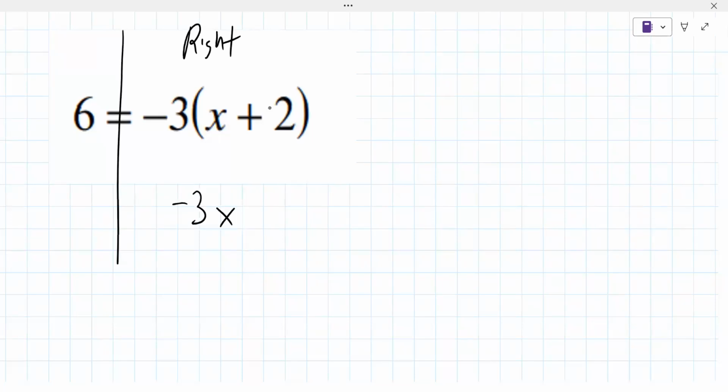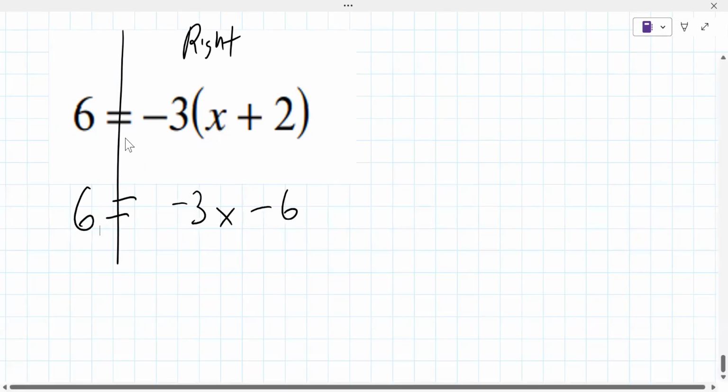Okay, what else? And then -6. Okay. And then you bring down the x equals. And then from there, is there anything else you would need to do? Nope. Could you try solving it from here, please? Giving me your final answer.